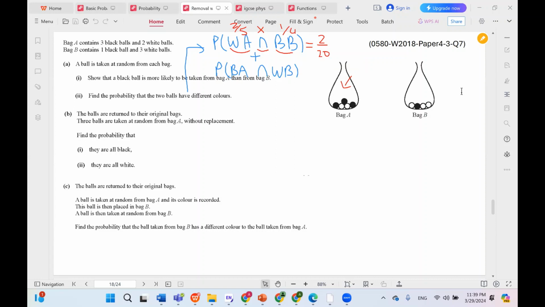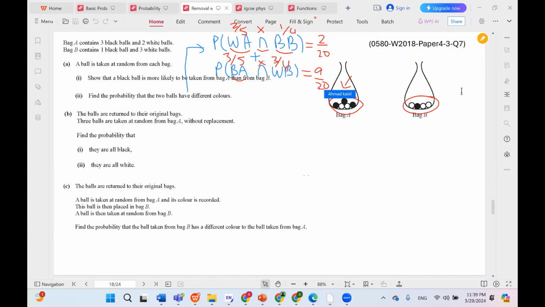Now, for the second expression, we want to get black in A. So we have 3 black balls out of 5. So 3 over 5. And then for white in B, we have 3 white balls out of a total of 4. So this would be 3 over 4. And again, they are multiplied together. So this gives us 3 over 5 times 3 over 4, which is 9 over 20.